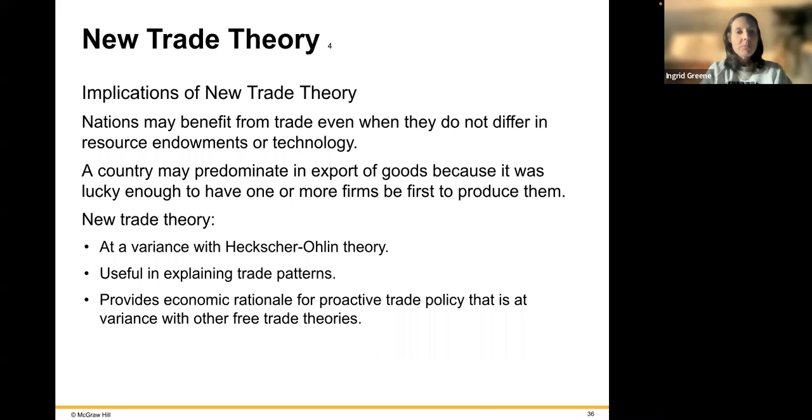And it can also provide an economic rationale for proactive trade policy that is at variance with other free trade theories. It generates support for government intervention, and Boeing also had a lot of government intervention when they first started creating their jets. And so again, this is a policy that really encourages governments to get involved, to take advantage of this new trade theory.